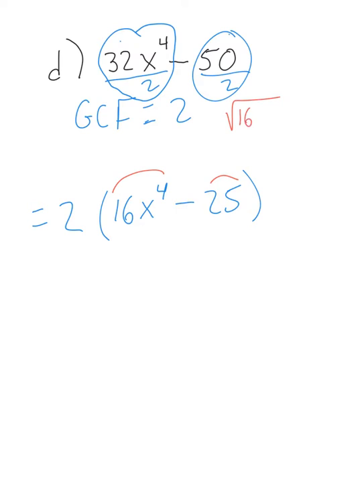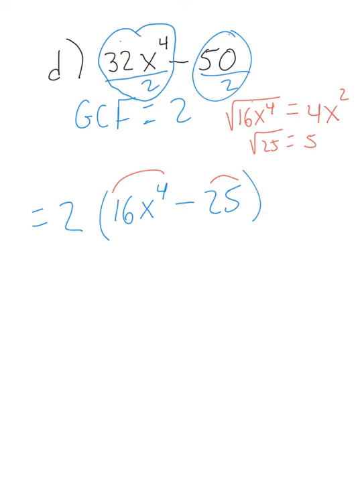The square root of 16x to the fourth, well, the square root of 16 is 4. The square root of x to the fourth, what times itself is x to the fourth, is x squared. So 4x squared times 4x squared gives you back the 16x to the fourth, in other words. 16x to the fourth is a perfect square of 4x squared. If I do the square root of 25, that is, of course, 5. So these are the difference of perfect squares.